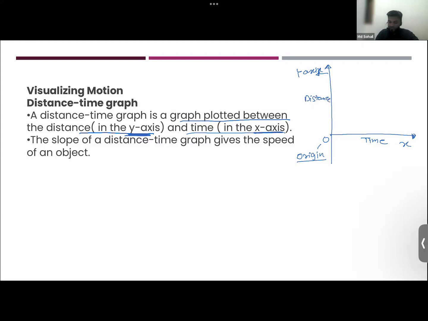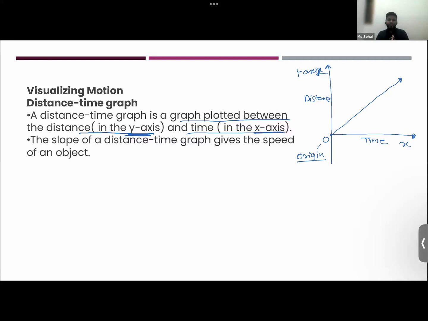Using time and distance represented on two different axes, we can actually find out the speed of the body. The line running from the origin will give you the value of the speed of the body.